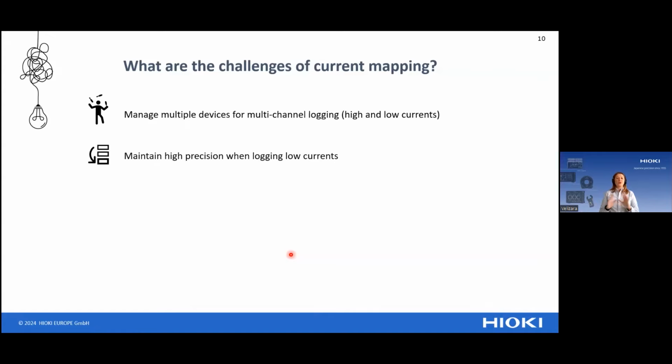And let's assume you have found one instrument which can handle the high and the low current simultaneously. Then you are going to find a second challenge. If an instrument can measure very high currents, it often becomes inaccurate in the lower ranges.